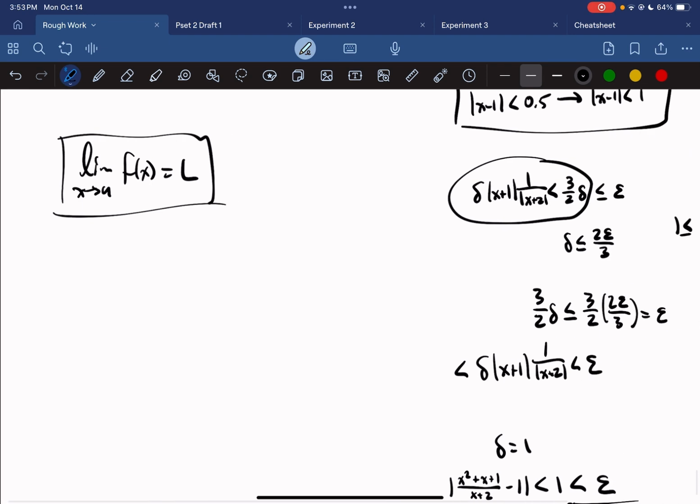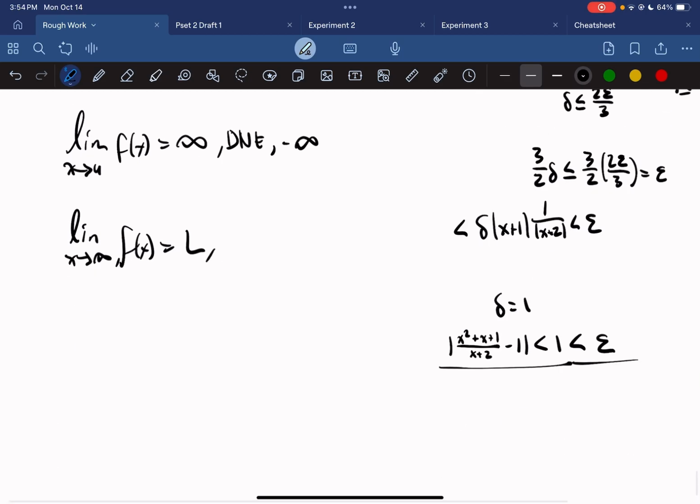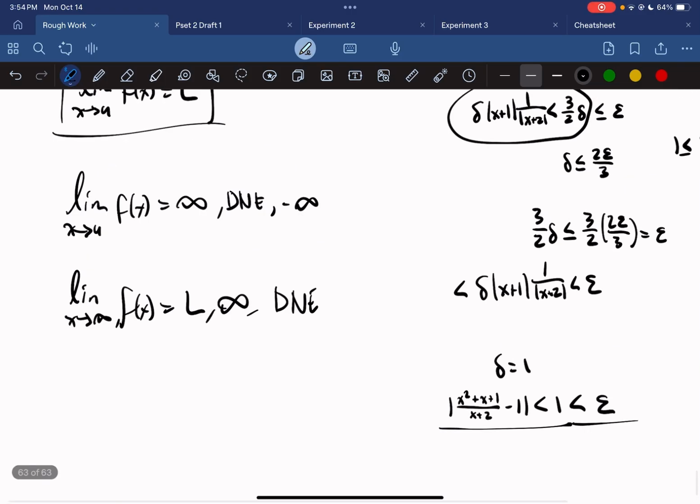Later on, I will prove as x approaches a, f of x might approach infinity or does not exist, right? Which are significantly more difficult, or maybe even negative infinity. Also, when x approaches infinity, which is also quite difficult, right? Or this could equal L, this could also equal infinity, this could also be does not exist.